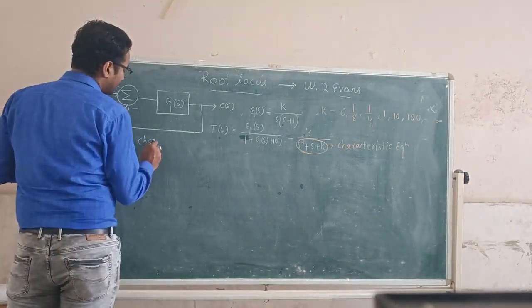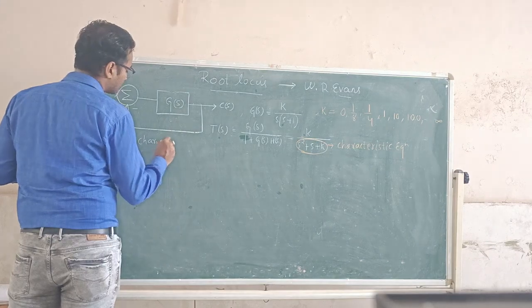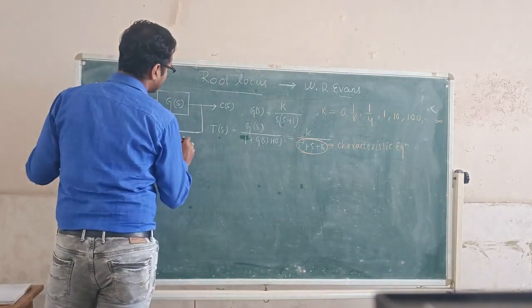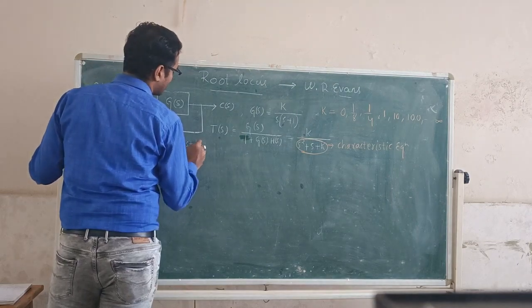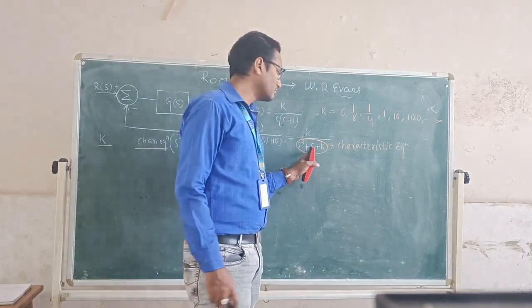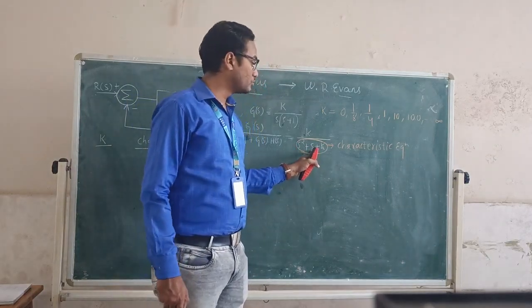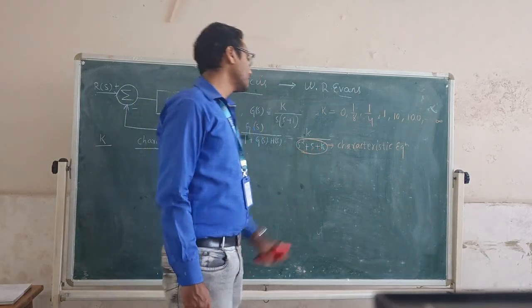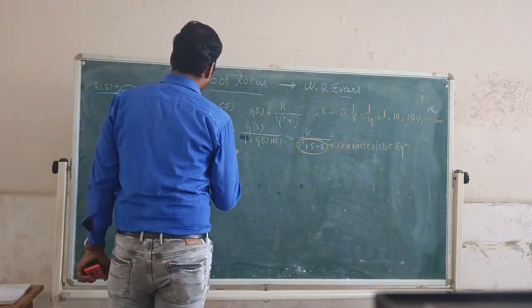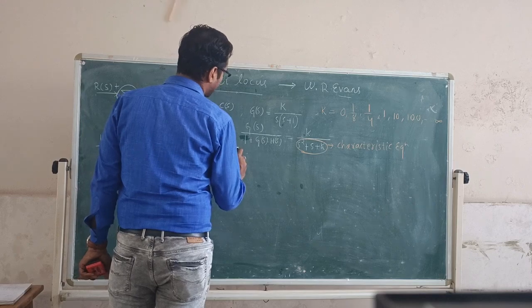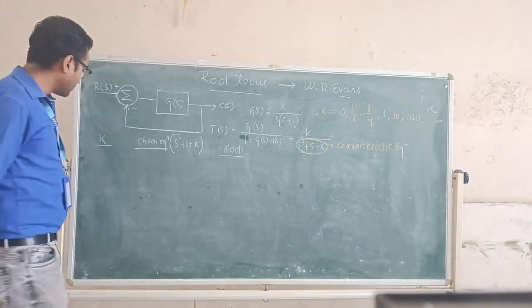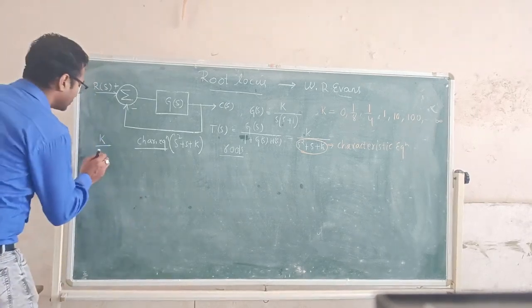Again, what is the characteristic equation here? s square plus s plus k, because this characteristic equation will give us the roots of the closed loop transfer function. Let us see the roots here. First take k equal to 0.